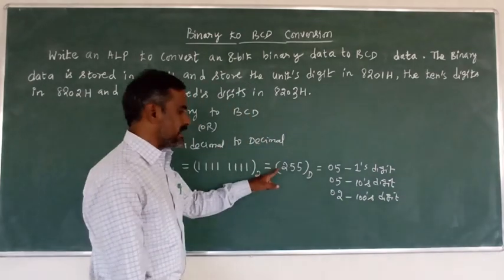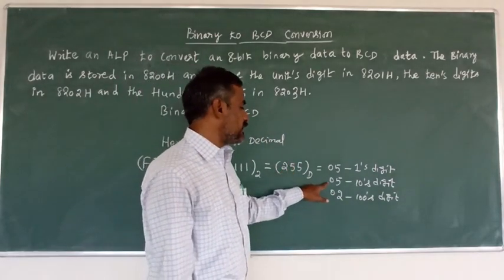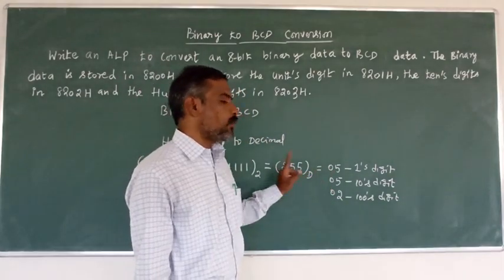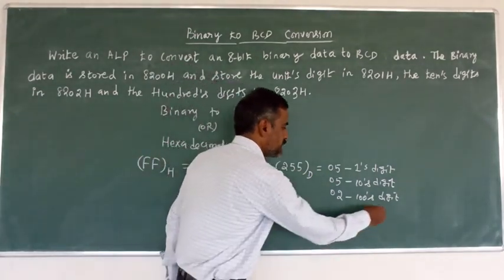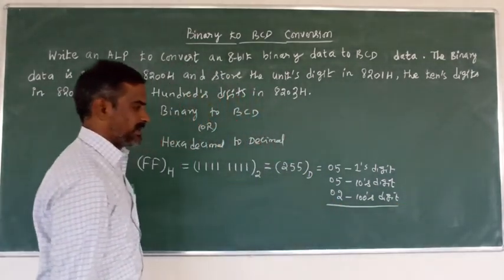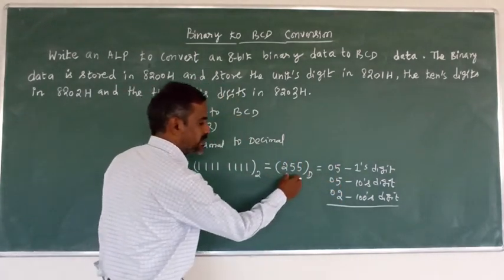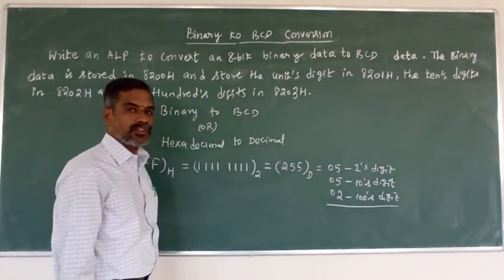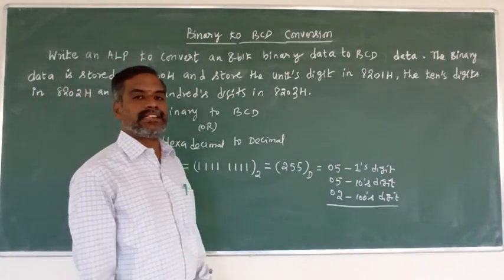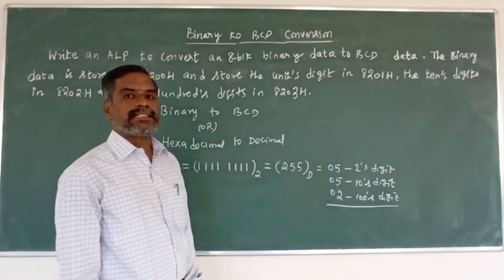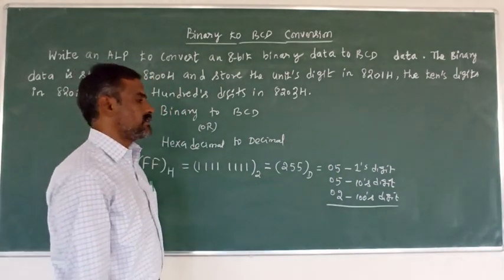That is, 2 hundreds, 5 tens and 5 ones. We have to separate it in this format. Each digit is a BCD digit, three digits in all, that is, 3 single-digit BCD values.